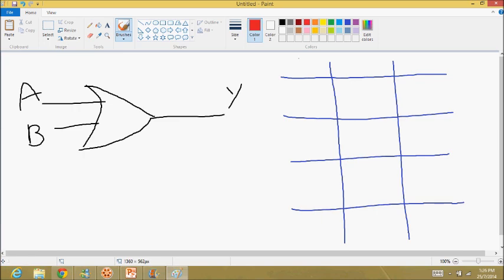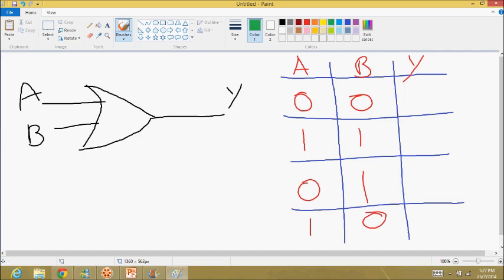And this column here will represent the A input, the middle one the B input, and the third column the Y output. So what are the possible input combinations? Well, they're exactly the same as the AND gate. The input combinations are the same. It's only the output that will vary slightly. So you can have 0, 0, 1, 1, 0, 1 and 1, 0.